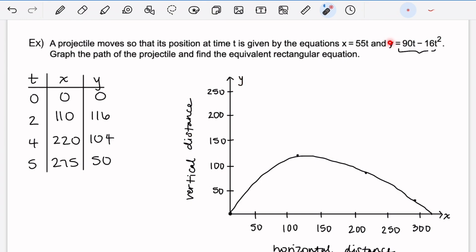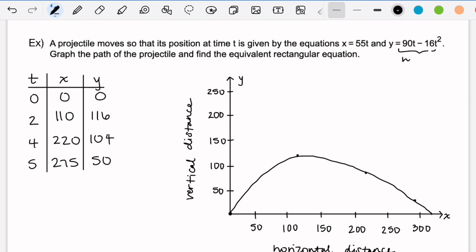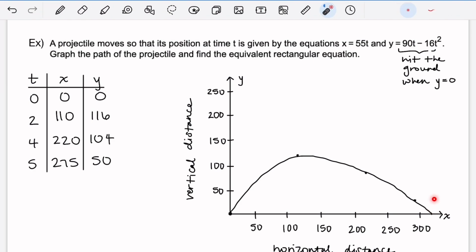So if we set this equal to 0 and factor this guy, we would actually get the time that the ball would hit the ground. So that would happen when our vertical distance is 0. At this point, we have no vertical distance, we have no height.